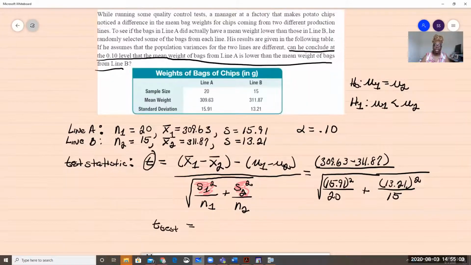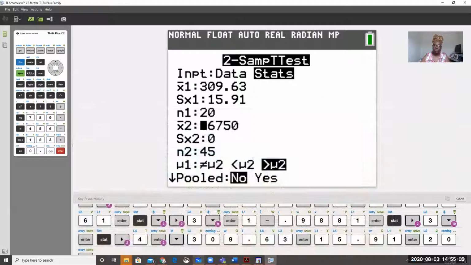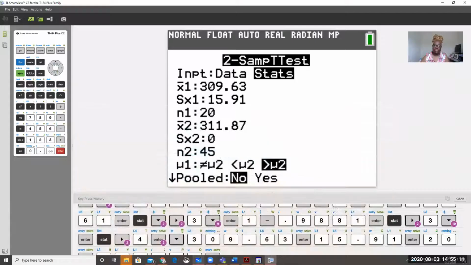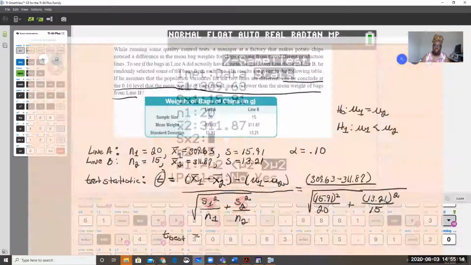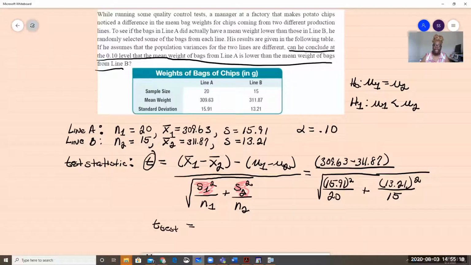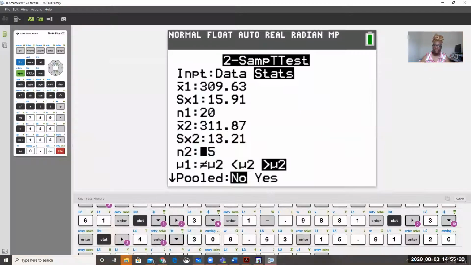Plop these numbers in. Then 311.87, and what was that? 13.21. And N is 15 for that one. Always double check your numbers. Hopefully my numbers are right.